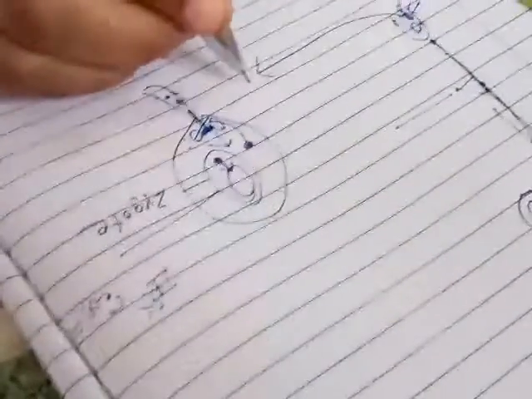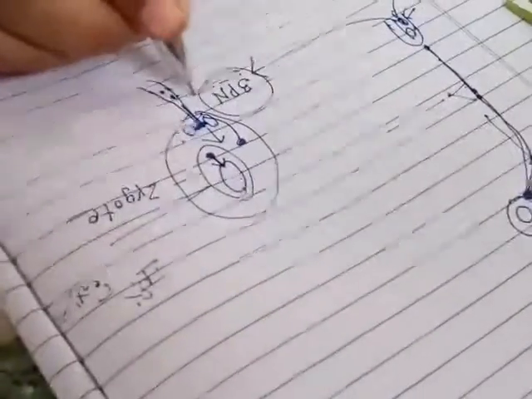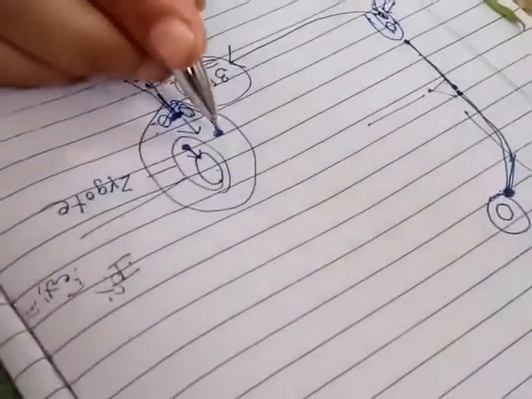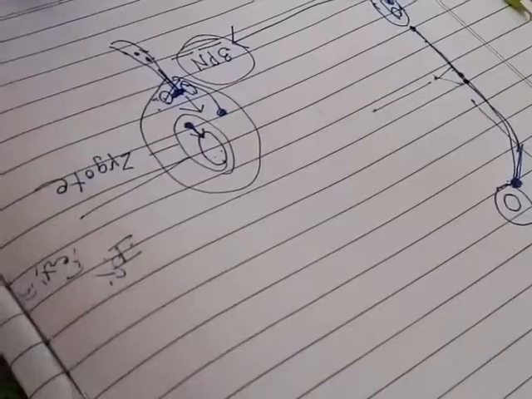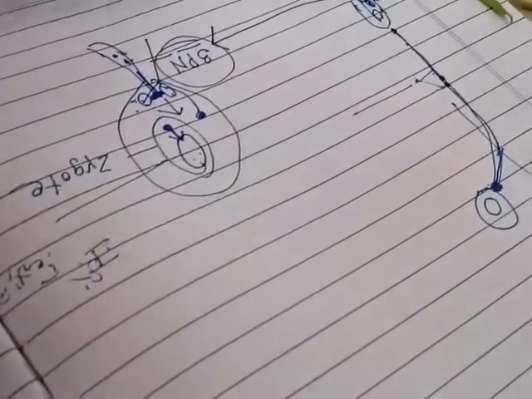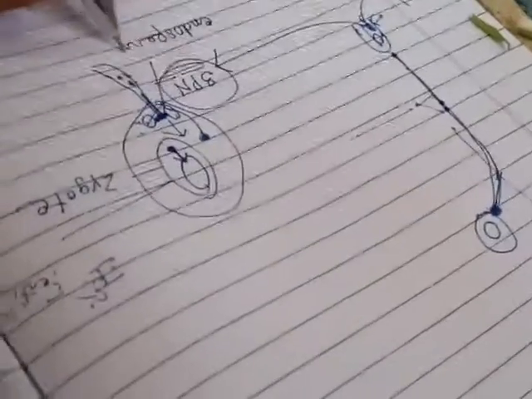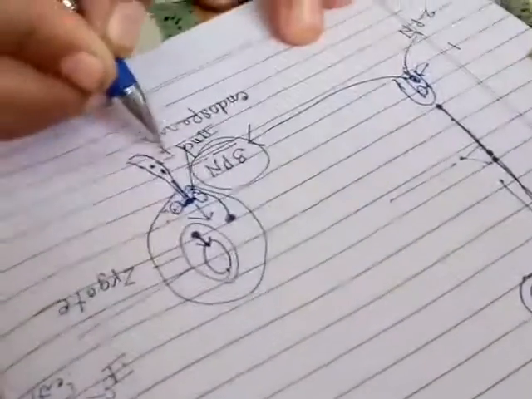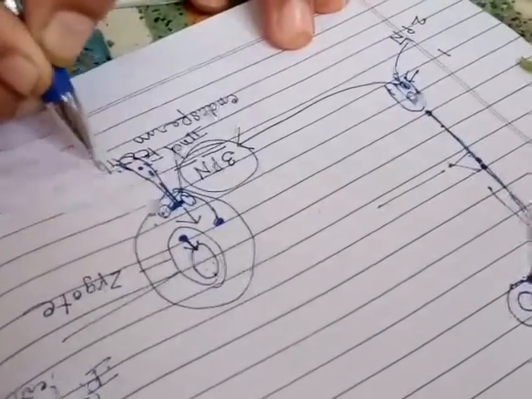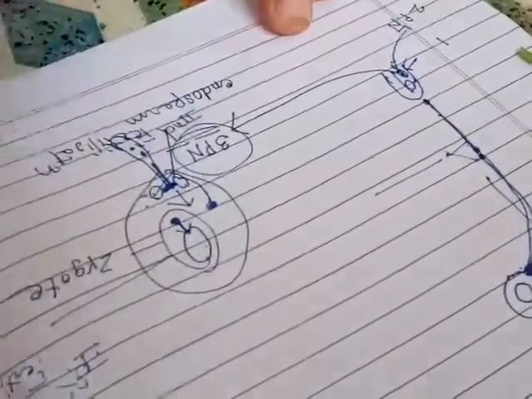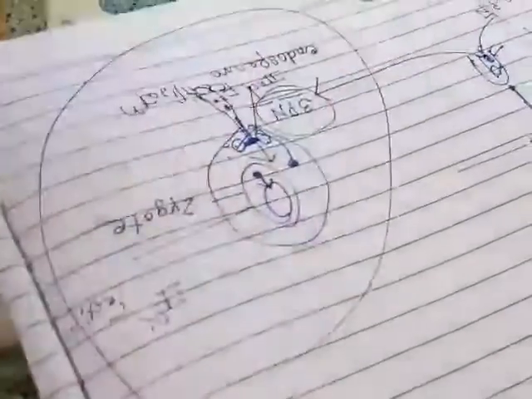This will be 3n, meaning three nuclei: the polar nuclei one, two, and the male gamete three. Understood? And this will form the endosperm. This is the second fertilization. Hence the process is known as double fertilization.